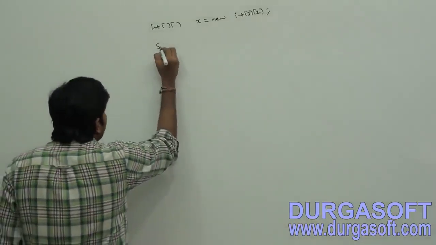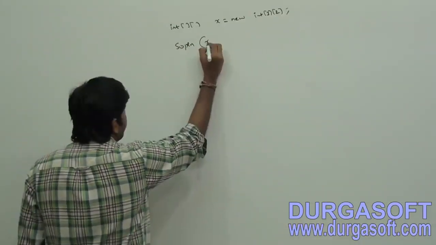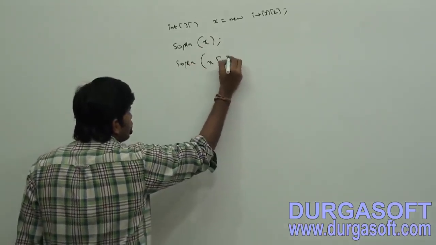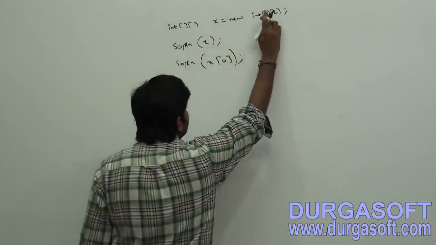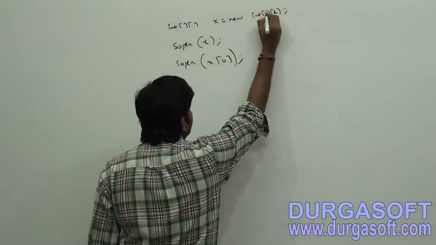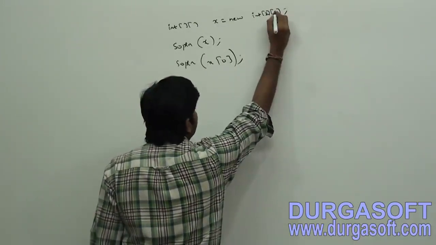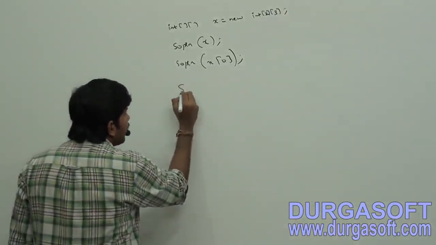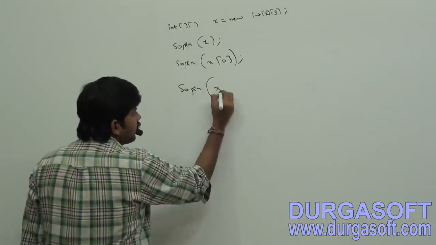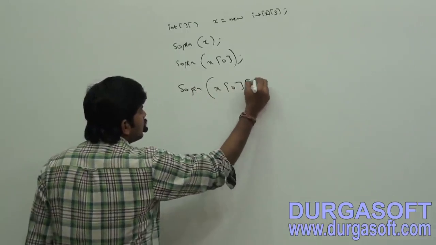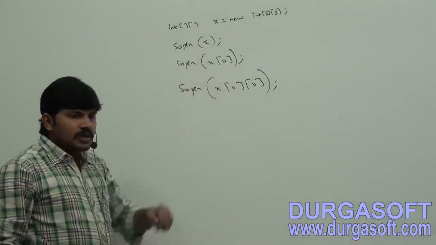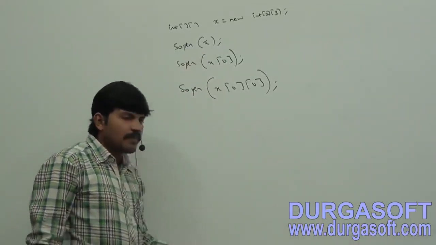Now I'm taking System.out.println of x, System.out.println of x of 0, here base size 2, next level size is 3, no problem, either 2 3 or 3 2, no issue. SOP of x of 0 0, x of 0 0. Can you tell what the answer is?